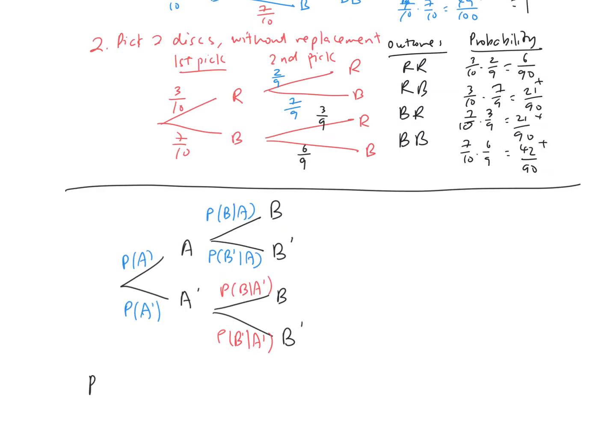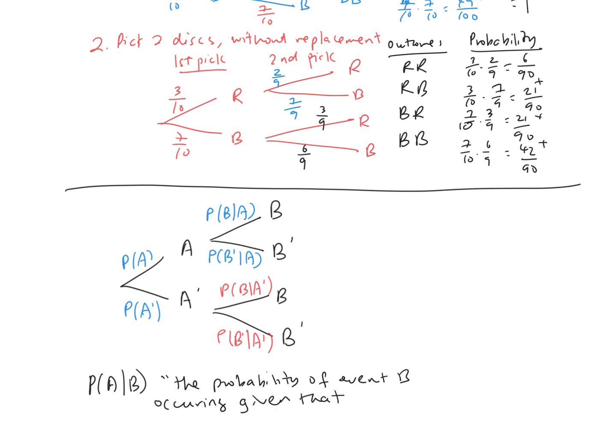The mathematical notation P(A|B) is read as the probability of event B occurring given that A has occurred.